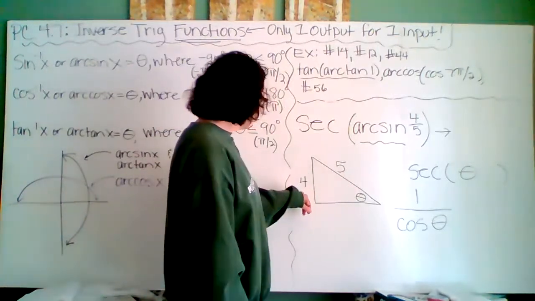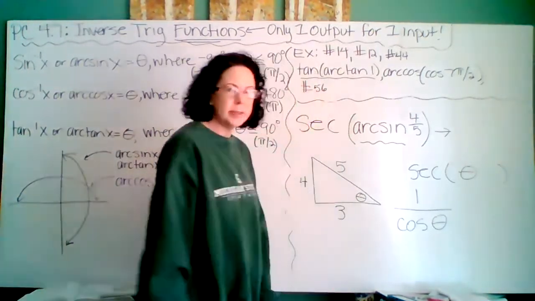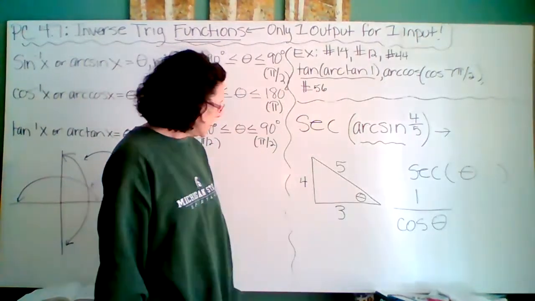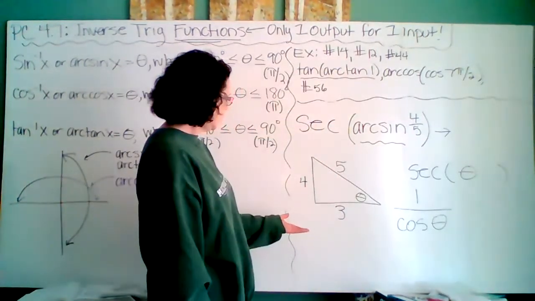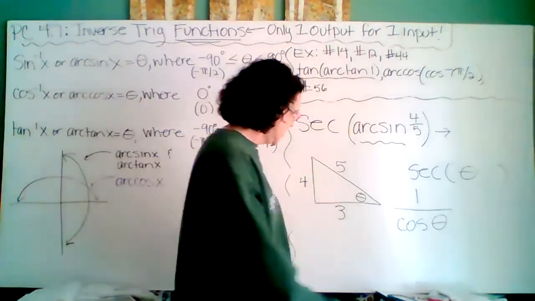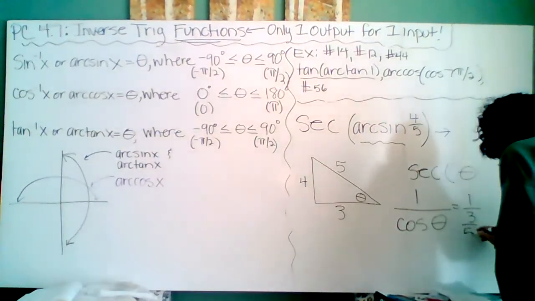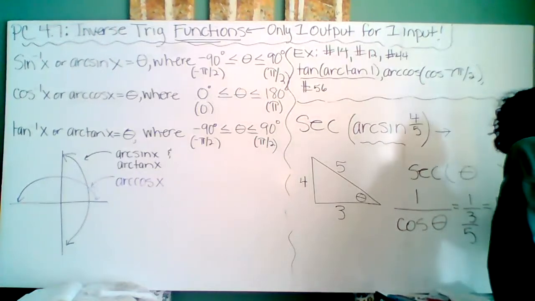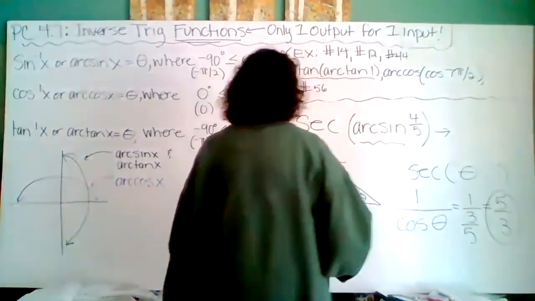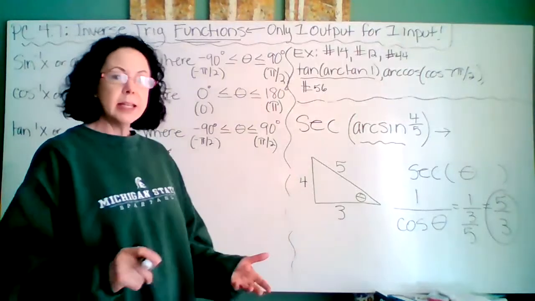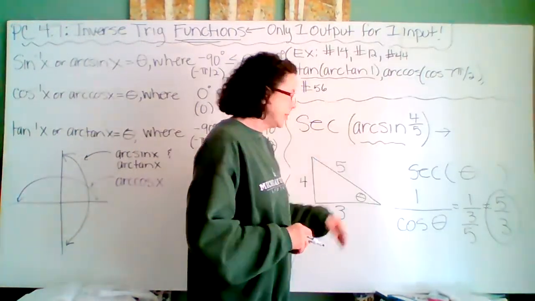That would be 25 minus 16, which leaves me with 9, and this side must be a 3. And now I can say what cosine of theta is. It is 3/5. And so secant must be 5/3.